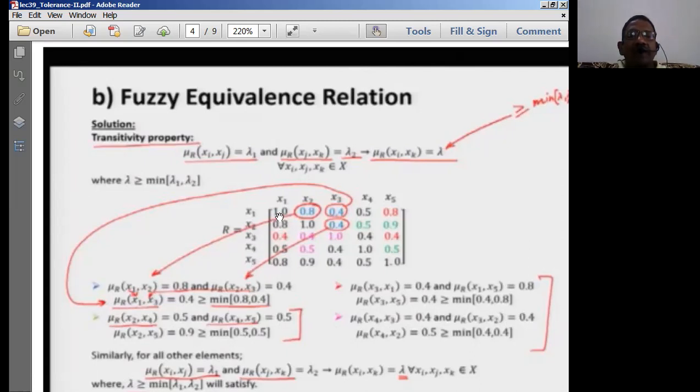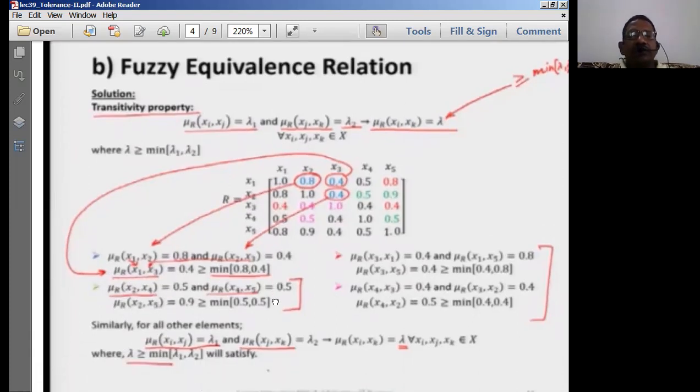The next is mu r of x1 x3, which is equal to 0.4, and this should satisfy the condition. This is called lambda now. Lambda should be greater than or equal to the minimum of lambda 1 and lambda 2. The minimum of these two is 0.4, so 0.4 is greater than or equal to 0.4. The condition is true. Similarly, we go with other elements like x2 x4, x4 x5, x2 x5, and so on.